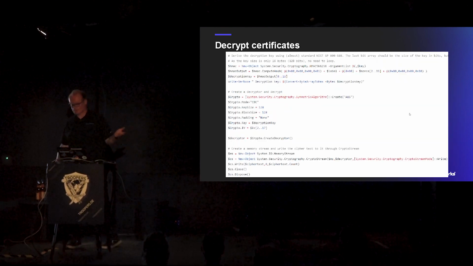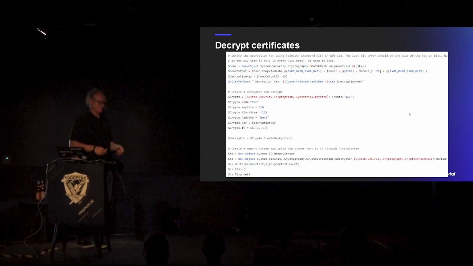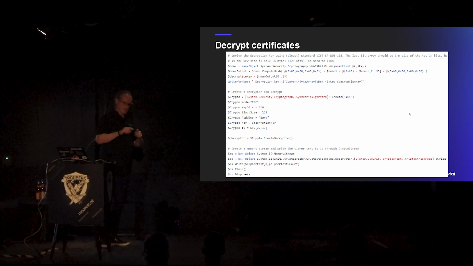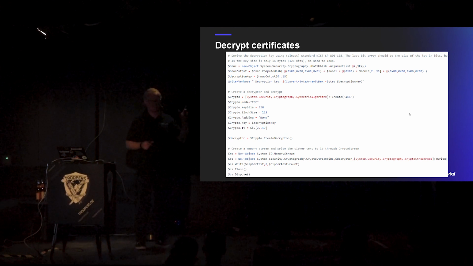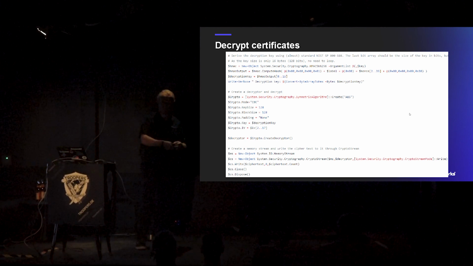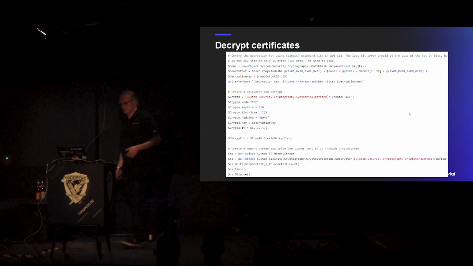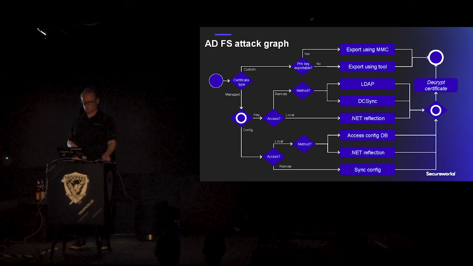But basically, we get both pieces of information, and then we have the key, and we have the encrypted PFX blob. So it has some more key material, and with that DKM key and that extra key material, you derive a new key, and then with that you can decrypt the certificate. And after that you can do whatever you wanted to do with those certificates.